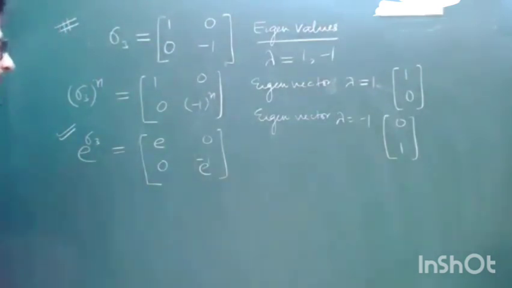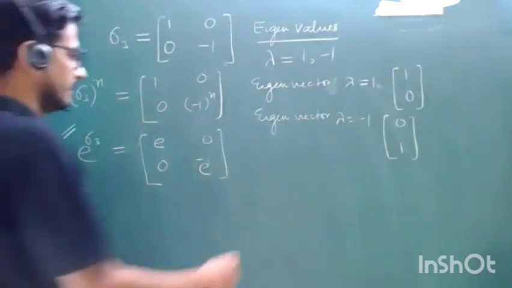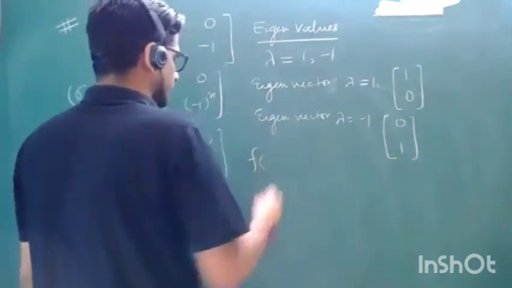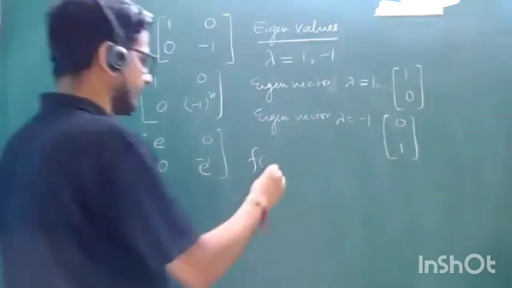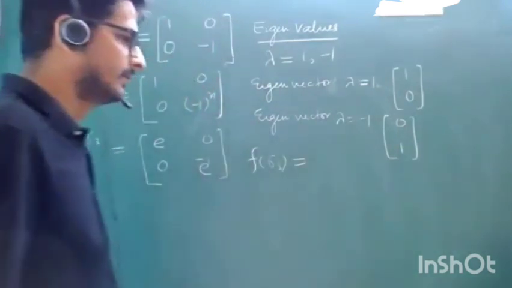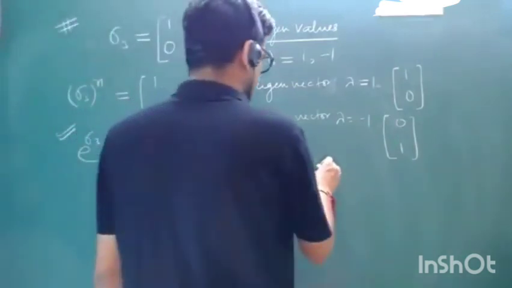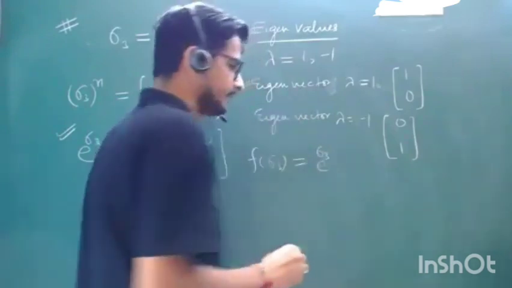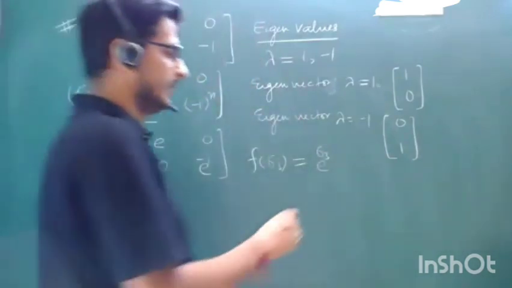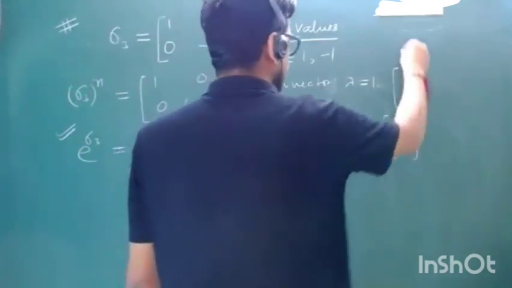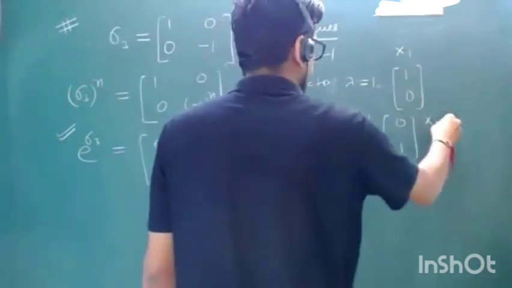Now using the spectral decomposition method, we know that f of this A, here f is sigma 3, f of sigma 3 will be equal to e of sigma 3 into inner product. So suppose this one is x1 and this one is x2.